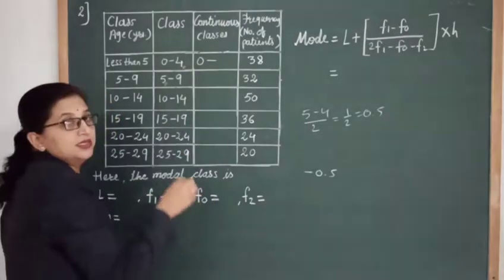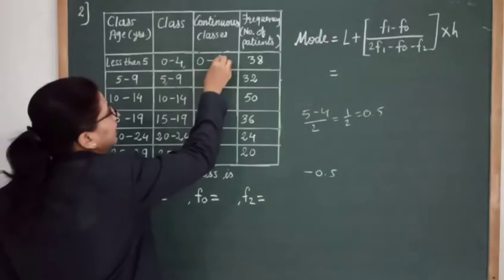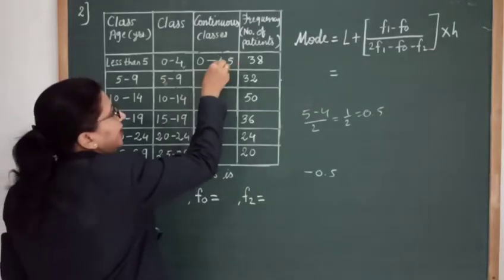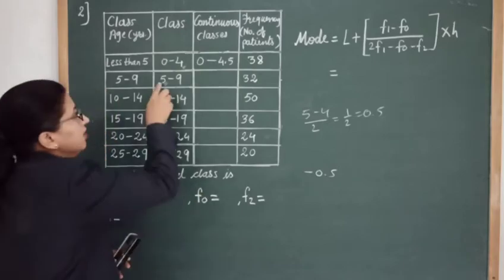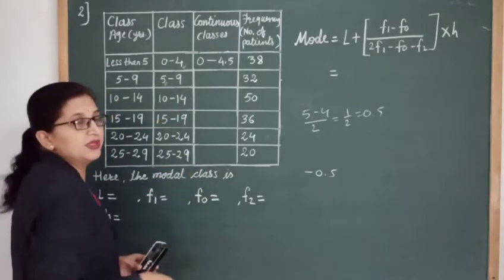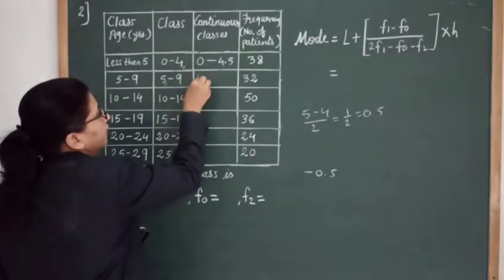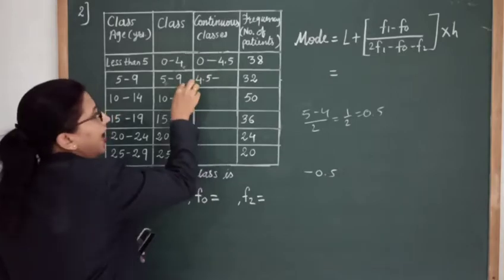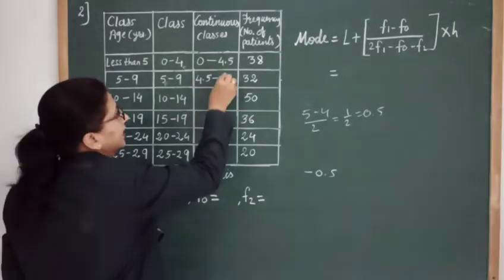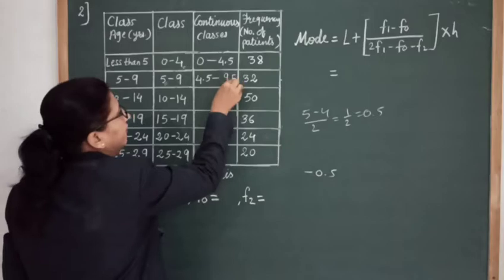Okay? Then add 0.5 in the upper limit, that is 4.5. Okay? So 5 minus 0.5, that is 4.5. Add in the upper limit, that is 9.5.